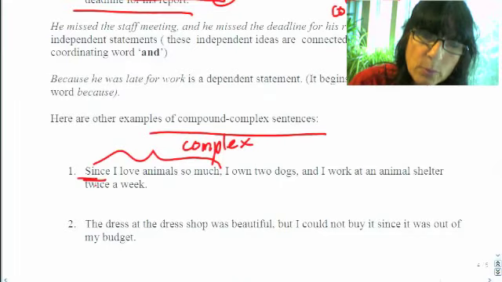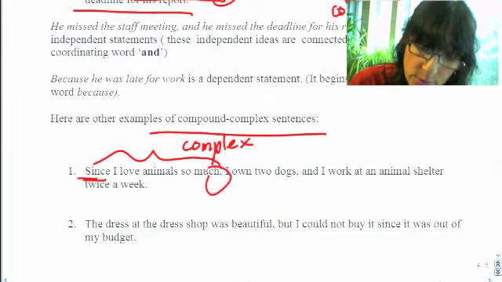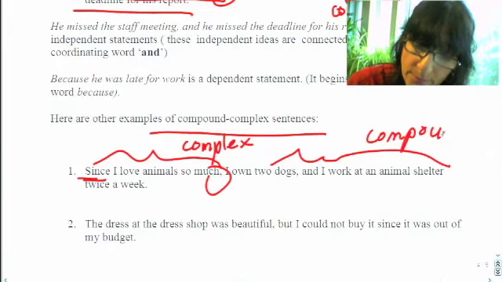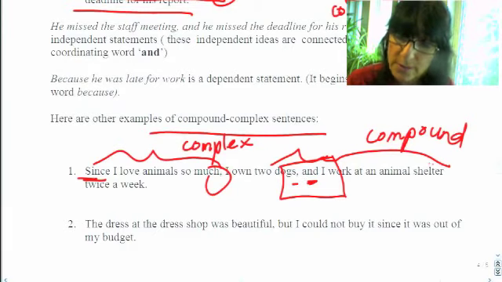You started with the word since, the dependent word, so you've got to have a comma. And here are your two complete thoughts, which make it compound. I own 2 dogs, and I work at an animal shelter twice a week. There's your joining word and you put the comma before. That's coordination, that's subordination.